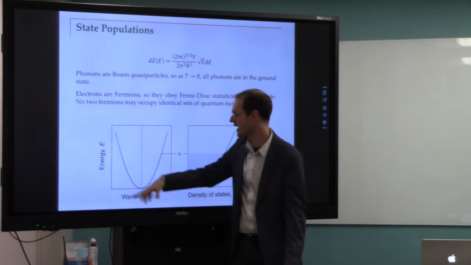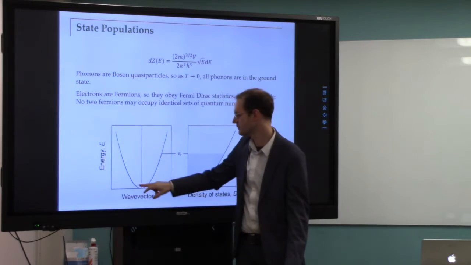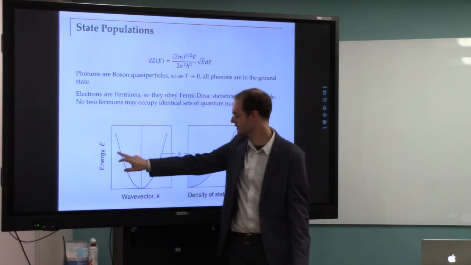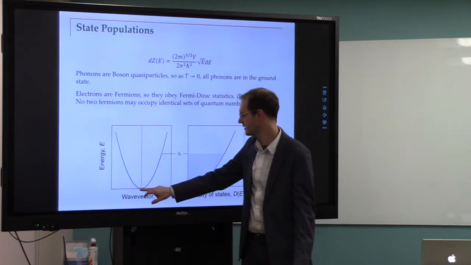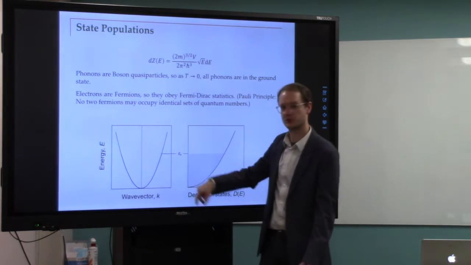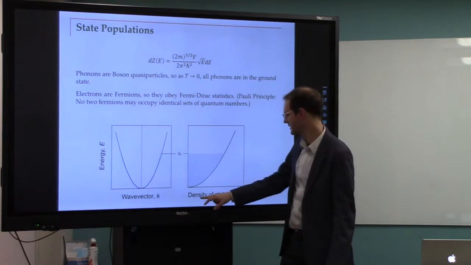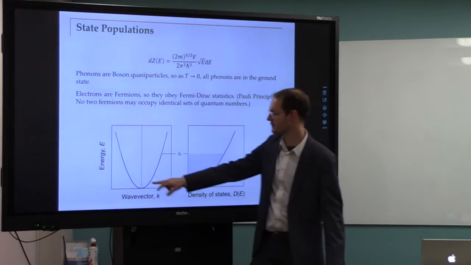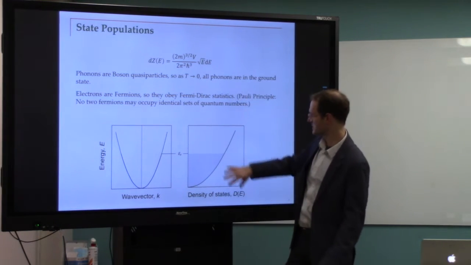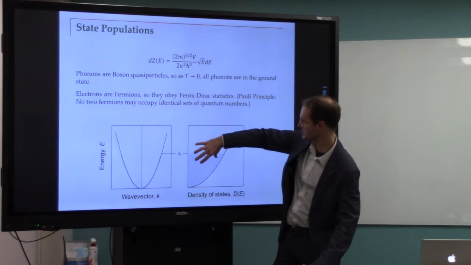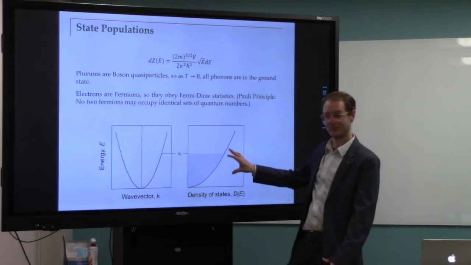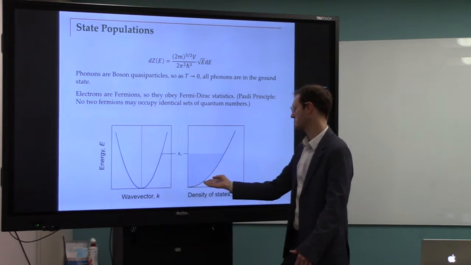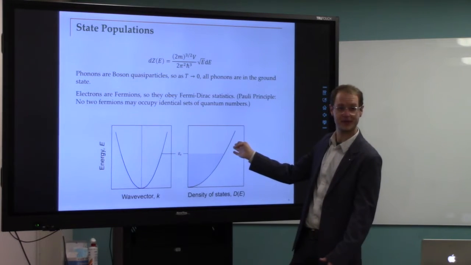And so these are the results that we have. You can plot the wave vector as a function of energy. Energy goes as k squared. We also derived the density of states as a function of energy. The function is sort of turned on its side, but the density of states grows as the square root of the energy.